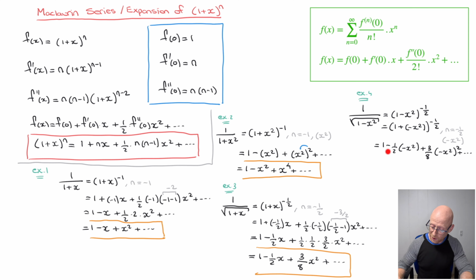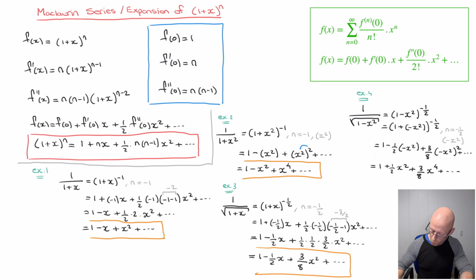Now, 1 minus 1/2 times negative x squared turns into 1 plus 1/2 of x squared. And we add to that 3/8 of negative x squared in parentheses squared. And negative x squared in parentheses squared turns into x to the power of 4. So we add 3/8 of x to the power of 4. And of course we add our 3 dots to that. And let me quickly rewrite that 8 here to make it nice and clear. That's 3/8 of x to the power of 4.